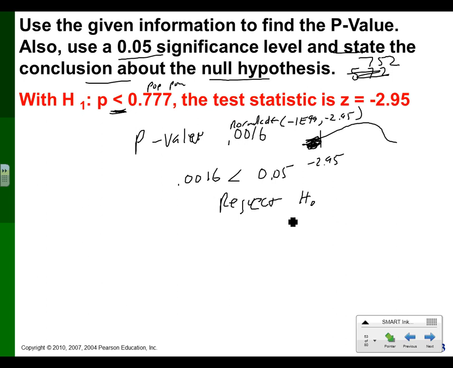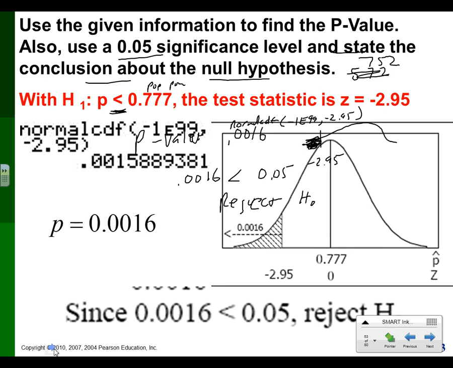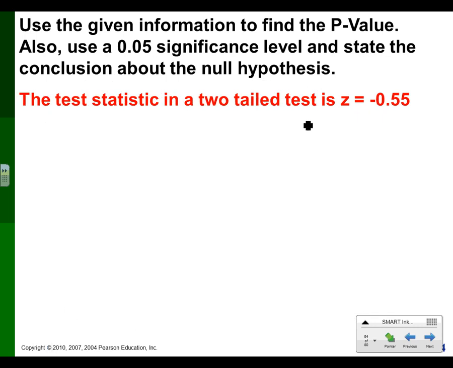Ready? This next one is going to be two-tailed. Z equals negative 0.55. Your picture will look like this. Just out of curiosity, what's going to be the other one over here? 0.55.